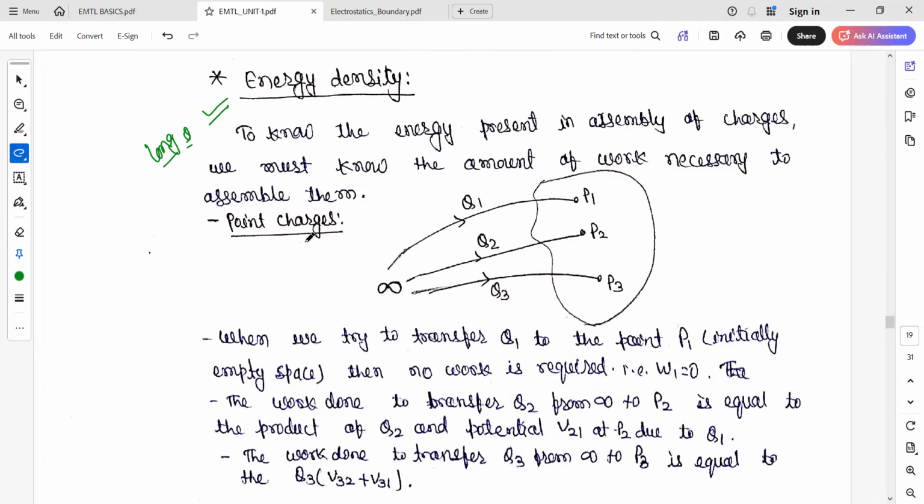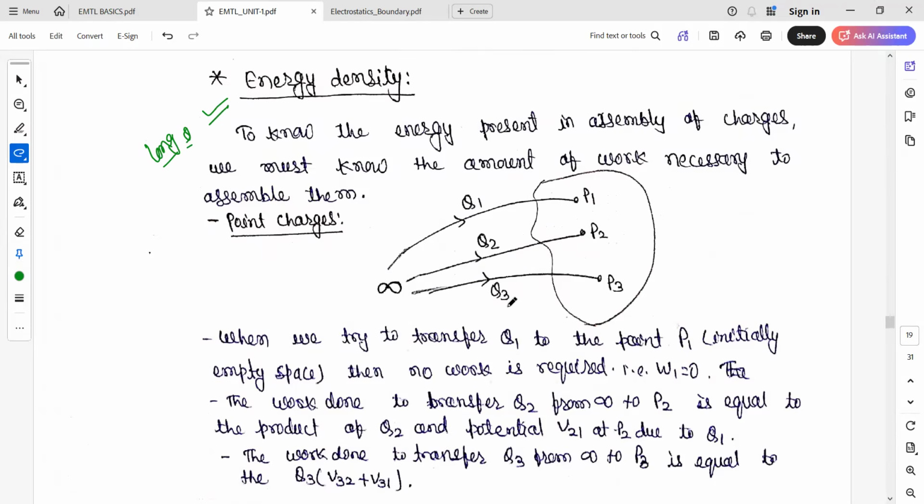What we are doing in this point charge case is bringing charges from space into a particular volume, when it is empty. When you bring charge Q1 to the point P1, it doesn't feel any force, so there is no opposition and the work done will be zero. When we bring charge Q2 to the point P2, then Q1 is already there to oppose this.